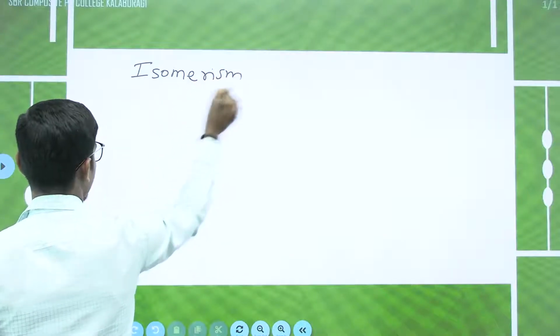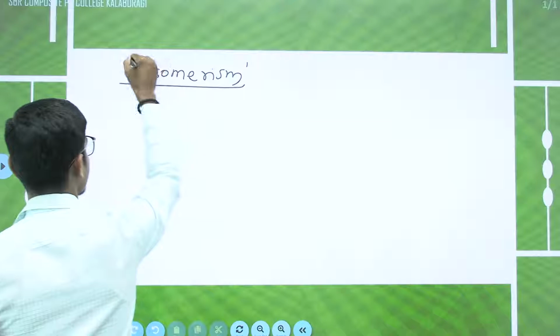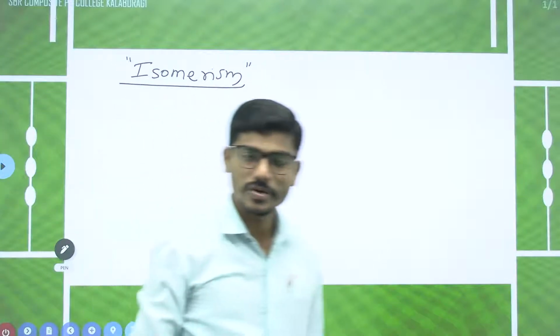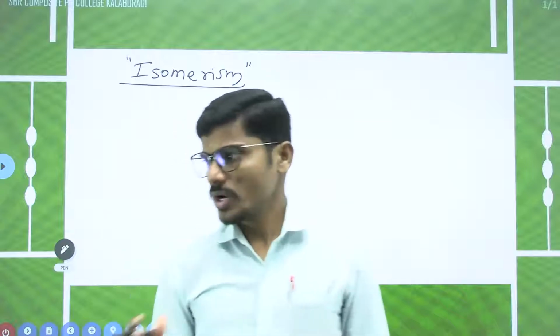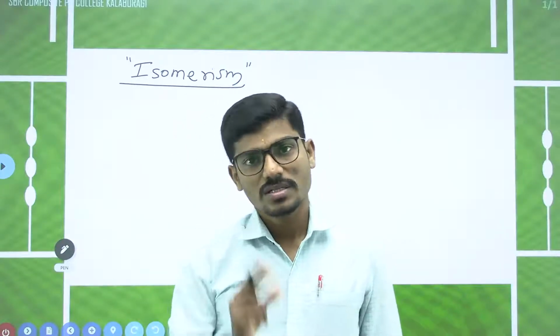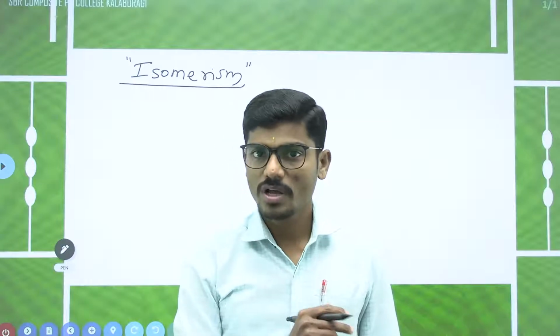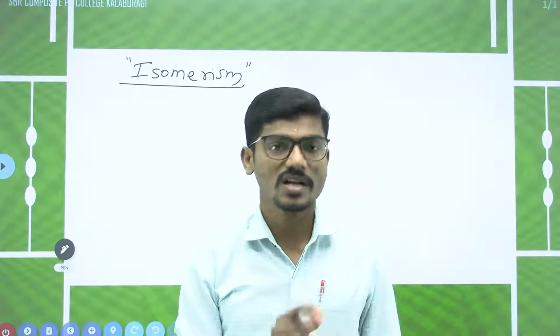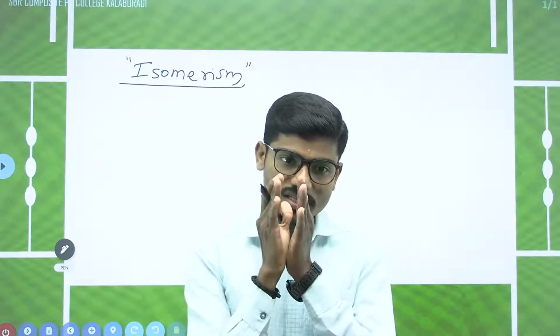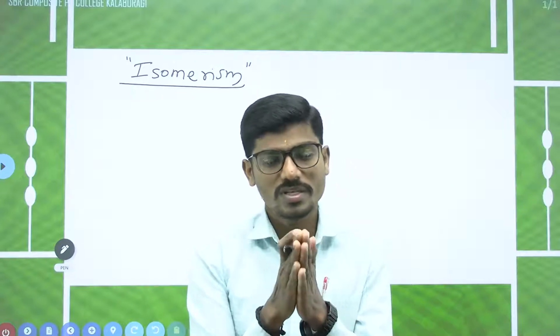What is the definition of this term, isomerism? Two or more compounds which have the same molecular formula but different properties are called isomers, and the phenomenon is called isomerism.